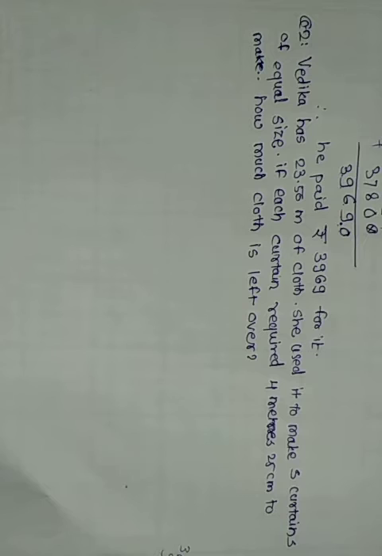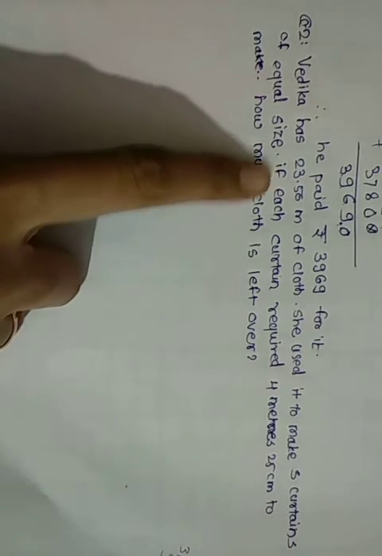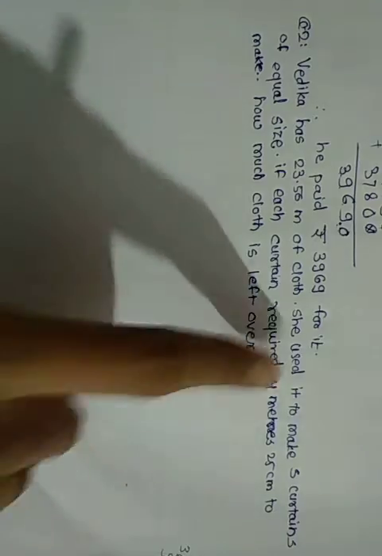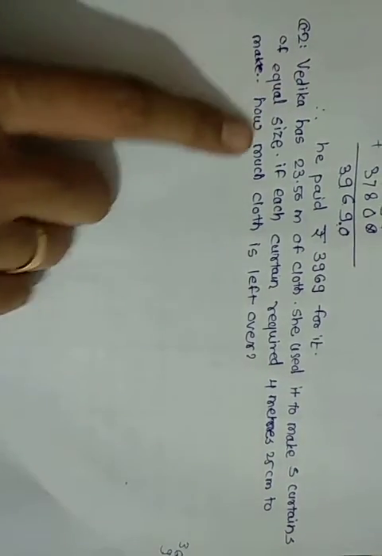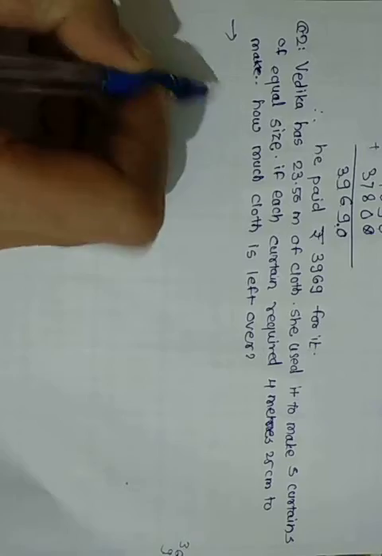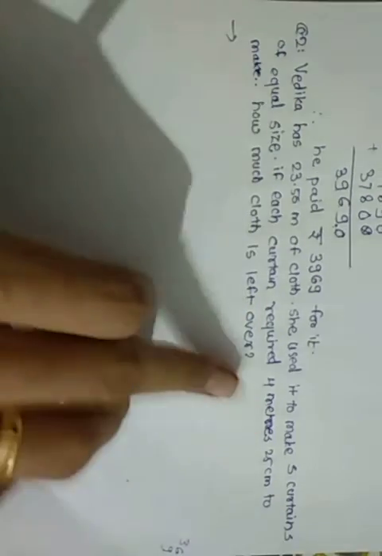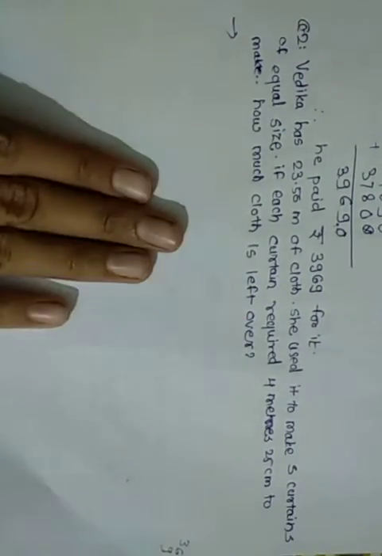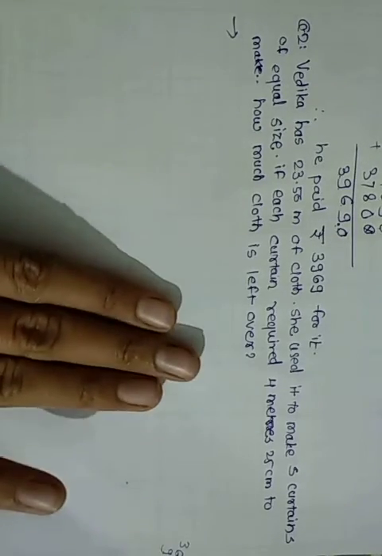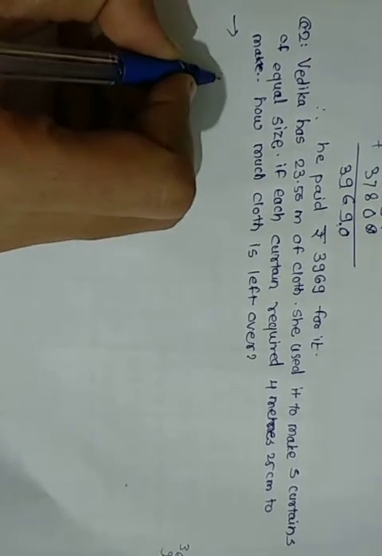Let's say she has the total cloth 23.50 meter, and she wants to make 5 curtains of equal size, and each curtain requires 4 meter 25 centimeter. So here it is a multiplication: first find out the total cloth she requires for the 5 curtains.